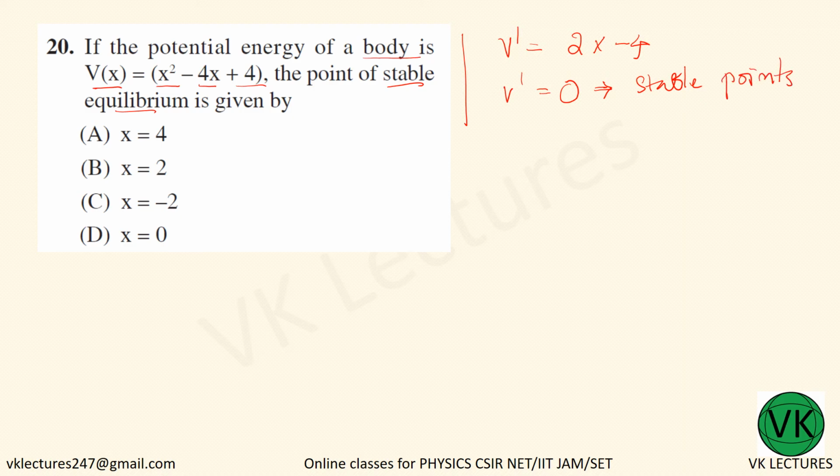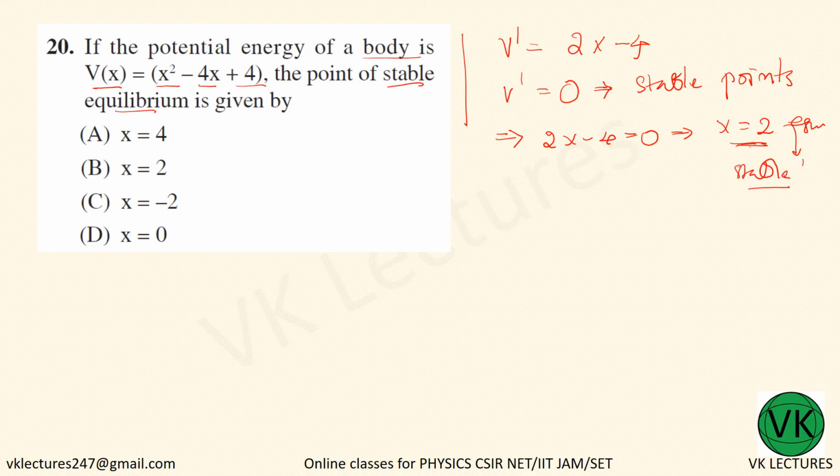Now V dash equal to 0 implies 2x minus 4 equal to 0, that is x equal to 2. Now you have to verify that at x equal to 2 you have a stable point. At x equal to 2 you have an equilibrium point. Now whether it is stable or unstable we have to find.